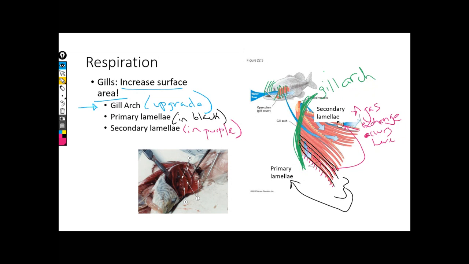Any question about gill structure? Does gas exchange only occur on the middle? Correct, yes. So gas exchange is occurring on the secondary lamellae.